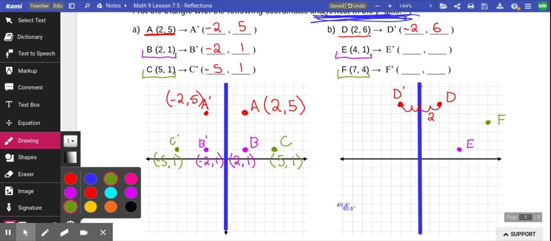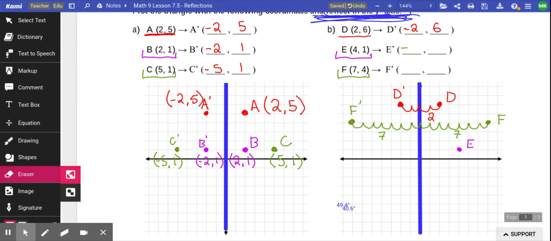If I look at F, it was 1, 2, 3, 4, 5, 6, 7 away. So now when I reflect it, it should still be 7, just the opposite side. 1, 2, 3, 4, 5, 6, 7 that way. So that means F prime is over there, which we would say is at -7, 4. I moved F before E. That's okay.